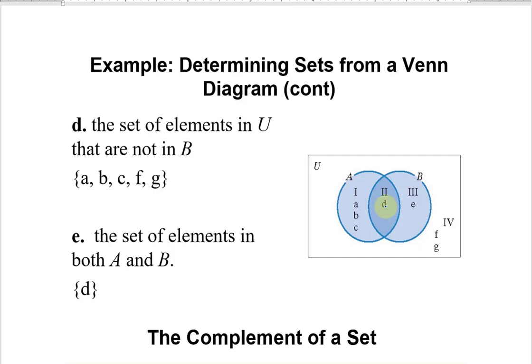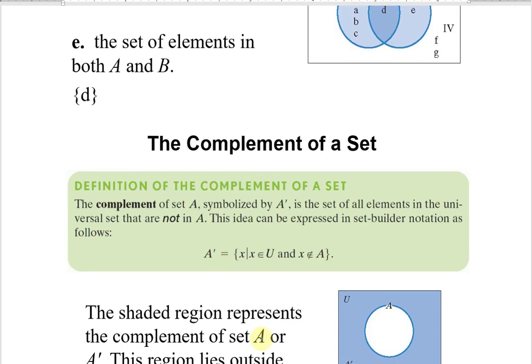Okay, the next topic is the complement of a set. The complement of a set has a symbol, A with the prime. It is the set of all elements in the universal set that are not in A. So the prime here means not inside A, but still belonging to the universal set.